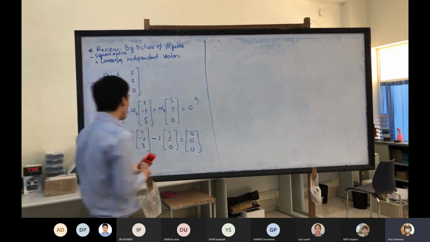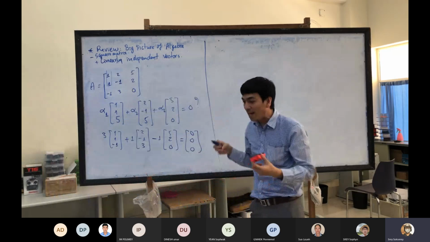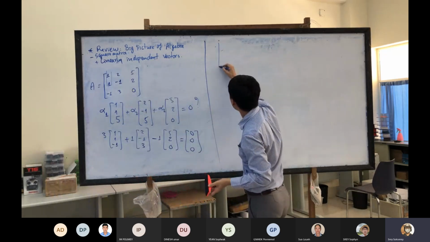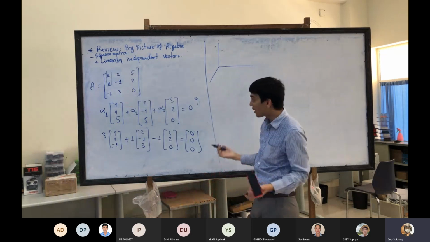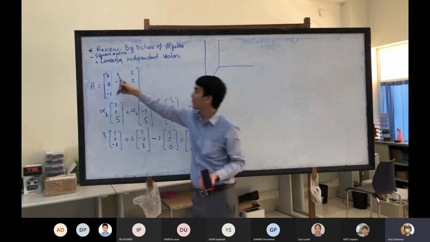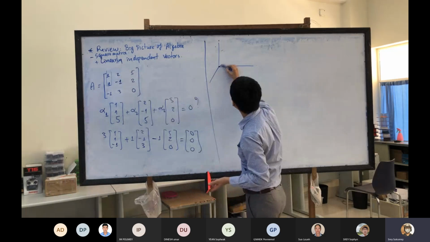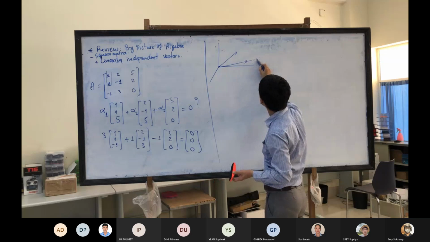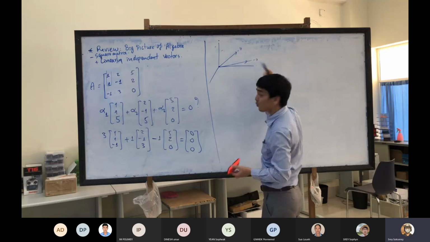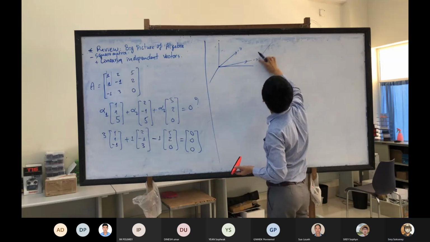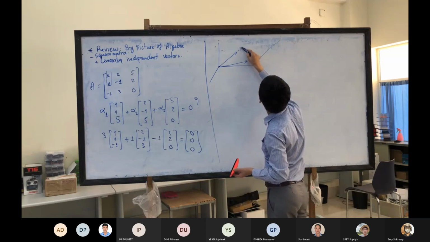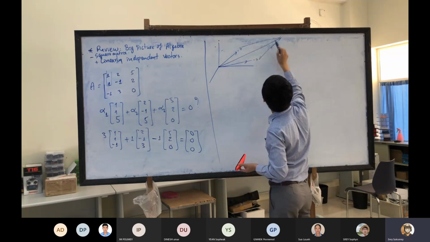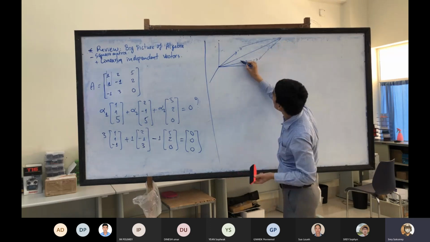So what does the column picture look like? Now you have three dimensions, and you have 3 vectors. You got 1 vector here, and another vector here. But you can do the combination of these 2 vectors to get this vector, right?